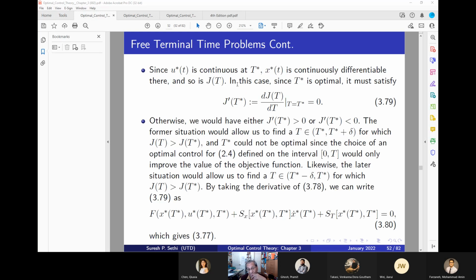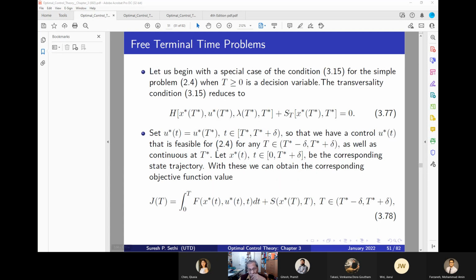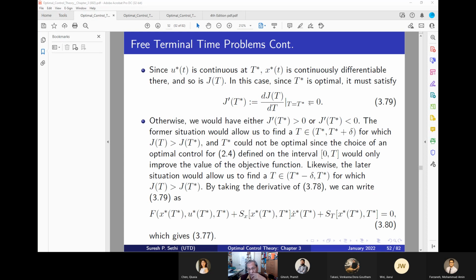U star is continuous. X star is continuously differentiable. So since T star is optimal, the derivative of this with respect to t at T star should be equal to 0. I can take the derivative because of all of this.